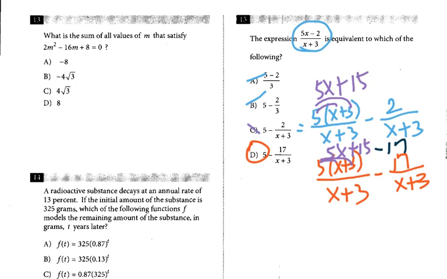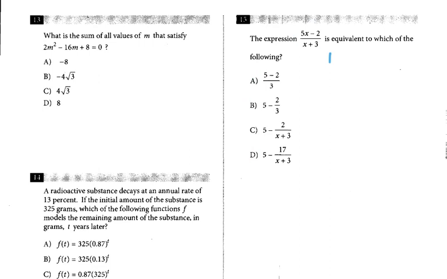Another way to do number 15 is we can do synthetic division. So I have negative 3 here, that's the root. And for this part, I have 5, this is x, then minus 2.